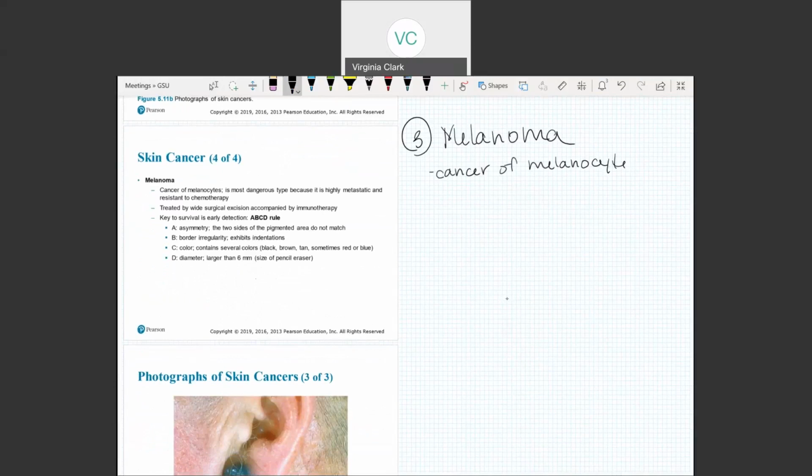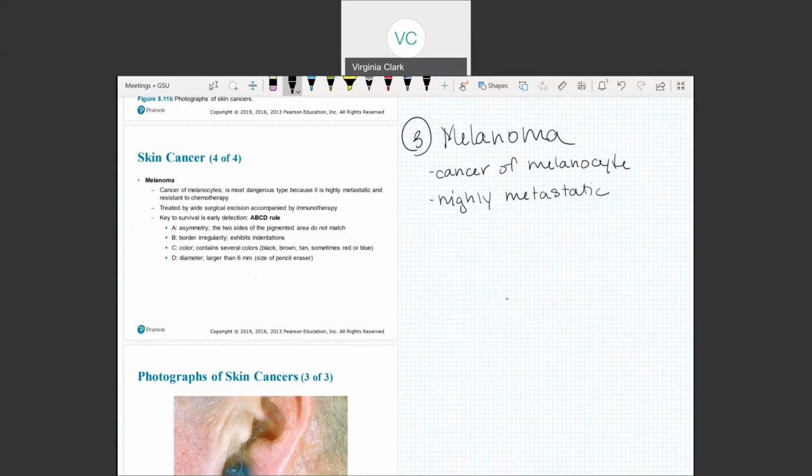This will actually produce too much melanin. What's going on with this is it is highly metastatic. It is highly reproductive, and it will overgrow very quickly, and it will travel to other places, and it will spread. So it is highly metastatic.